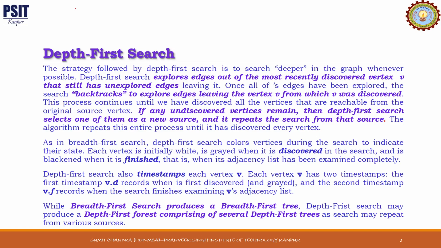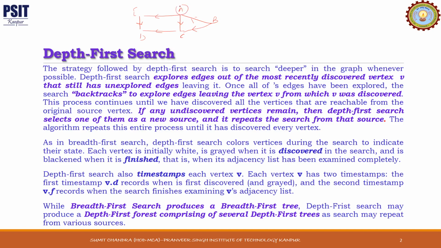particular vertex. So whenever a vertex is chosen, suppose this is the given graph. Suppose I have chosen A as the source vertex.